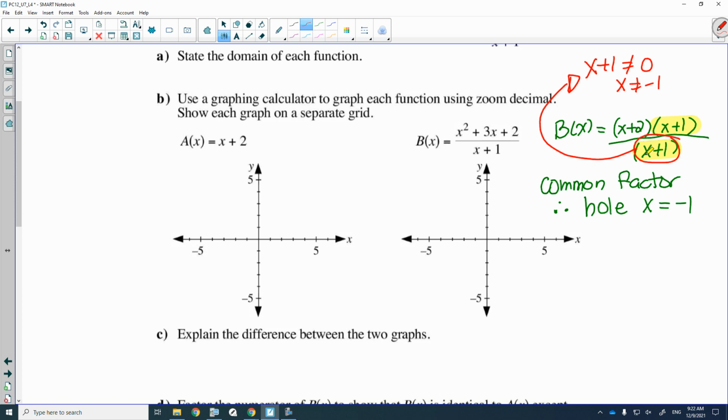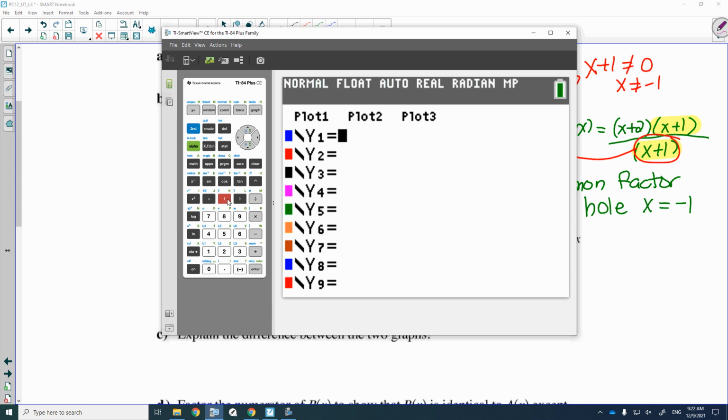So what I want to do is let's look at the graph first. When you punch this into your calculator, always punch in the original. I want you guys to punch this in on your graph so you could see it. Make sure the numerator is in a bracket and make sure your denominator's in a bracket. Hopefully it shows it.